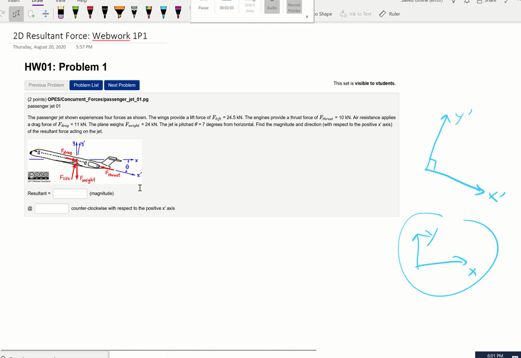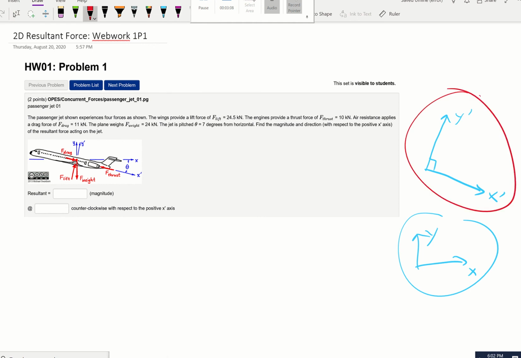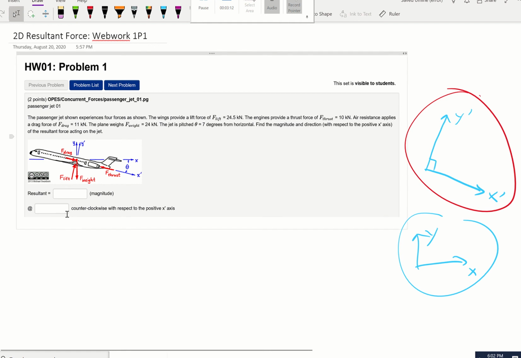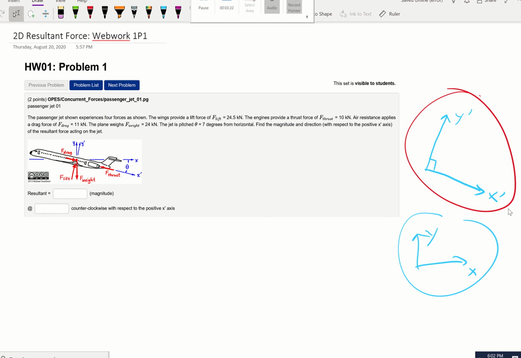Or would you rather go with the x prime, y prime coordinate? Like I said, why not? In that situation, thrust and drag are along the x prime direction. They are a perfect line on x prime, so nothing needs to be decomposed. You're just going to have F in the x prime direction.